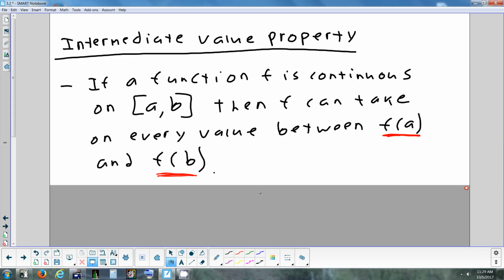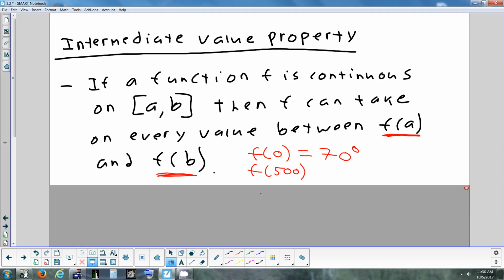So maybe A and B, and if you want to continue my example with boiling water, maybe A and B represent time. A is at 0 seconds before you start boiling. So at 0 seconds, you're at 70 degrees. The water's just sitting there. And then maybe it takes, I don't know, 500 seconds for your water to get all the way to the boiling.